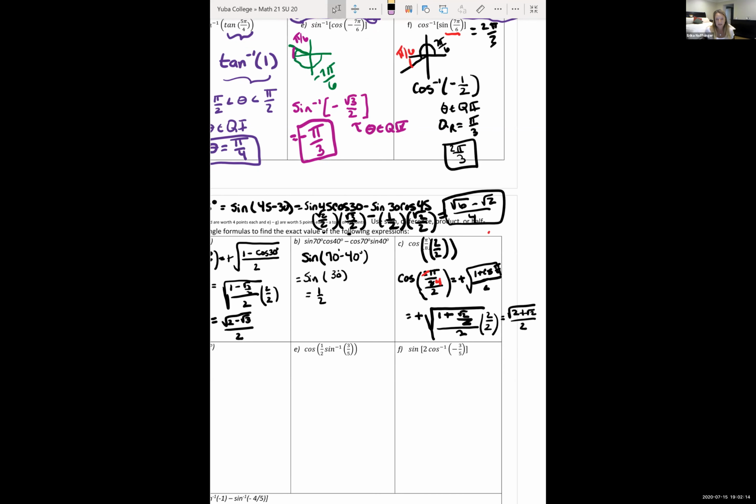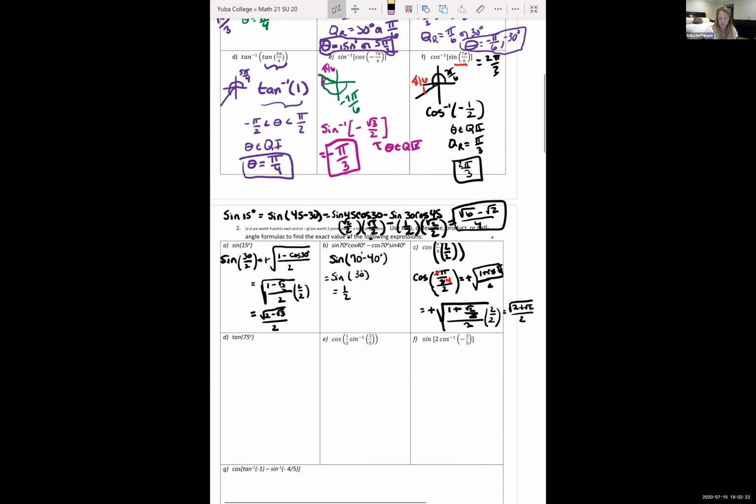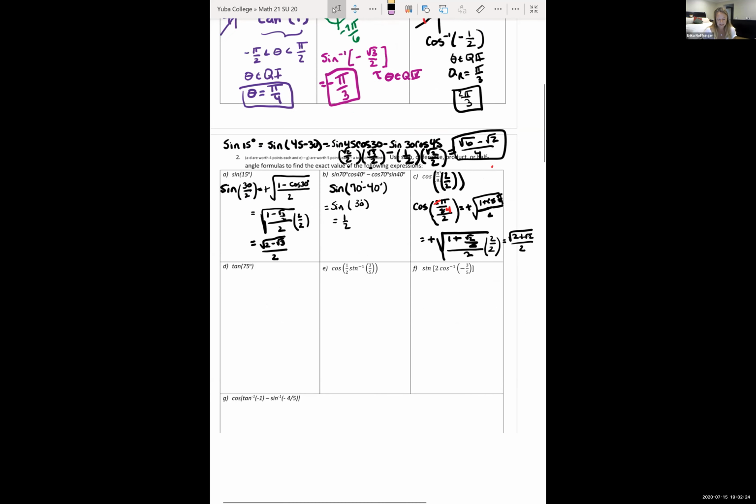Tangent of 75 degrees, it really depends on which way you wrote it. I rewrote that as a sum of 2 angles, 30 degrees and 45 degrees.